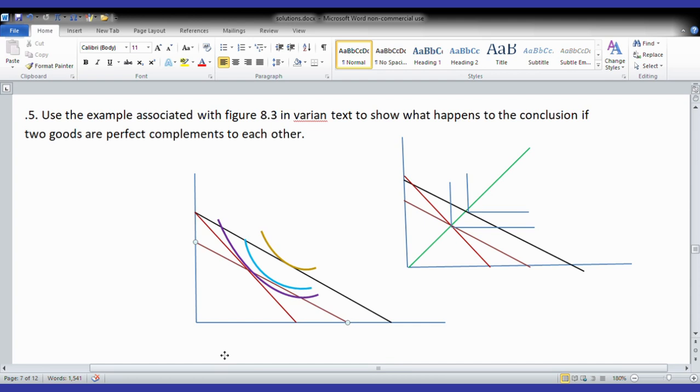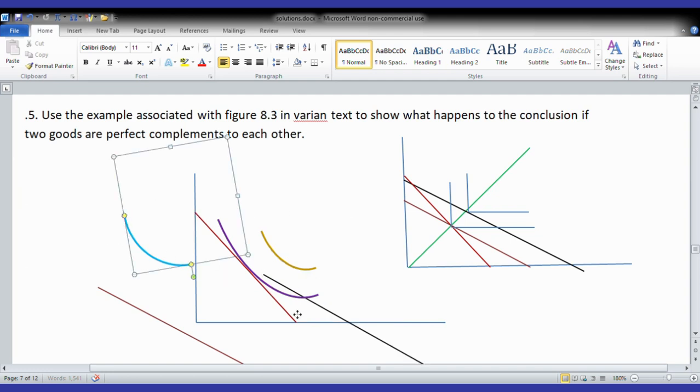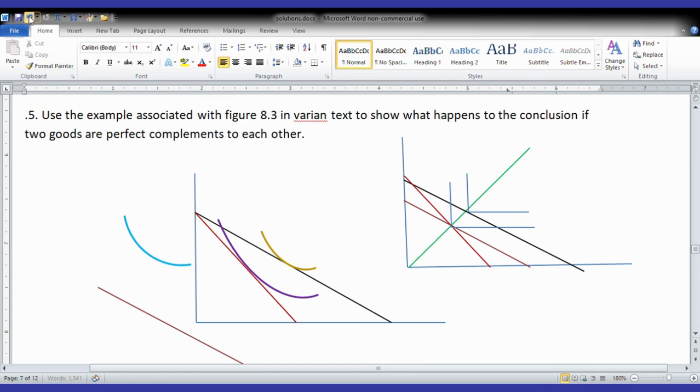So let me first clean this a little bit. I cannot do it. Alright, this is a little bit slow.